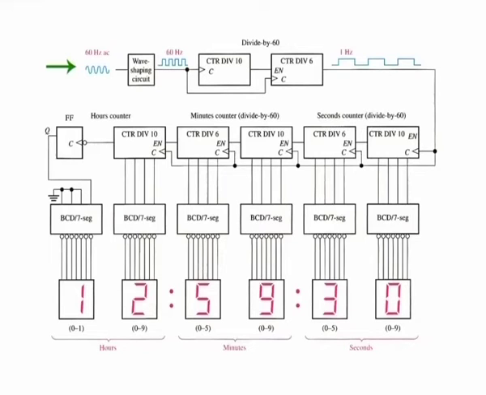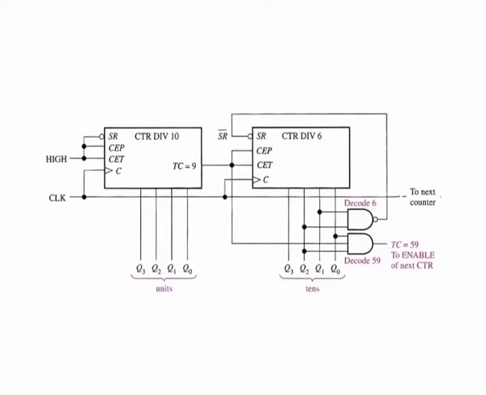Both the seconds and the minutes counts are also produced by divide-by-60 counters, the details of which are shown in this figure. These counters count from 0 to 59 and then recycle to 0. Synchronous decade counters are used in this particular implementation.